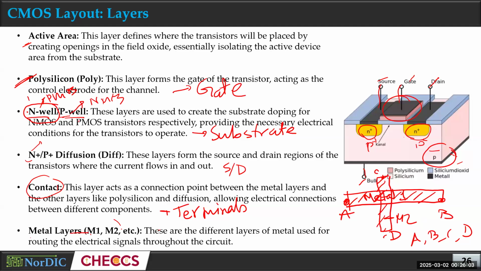So that's why we have more metal layers. If they were semiconductors, we could just use one. But since metals are conductive, we need to separate them so that even if they overlap, they don't connect with each other. Okay.